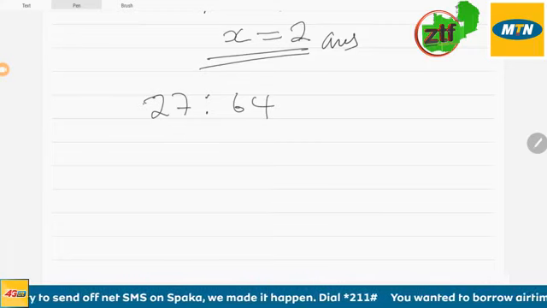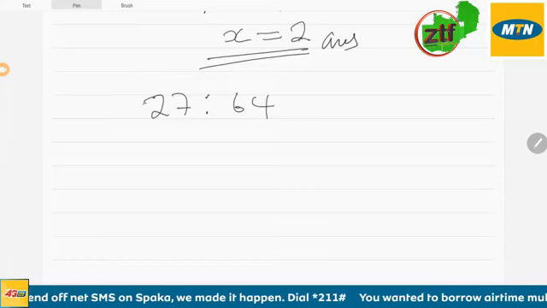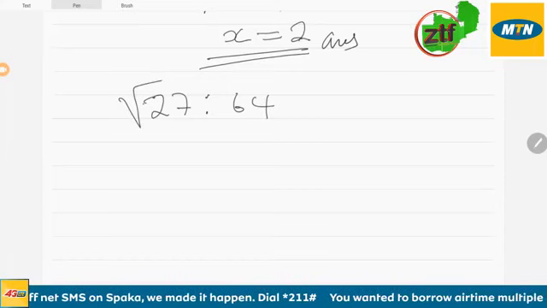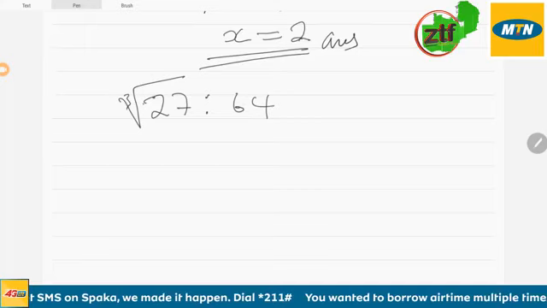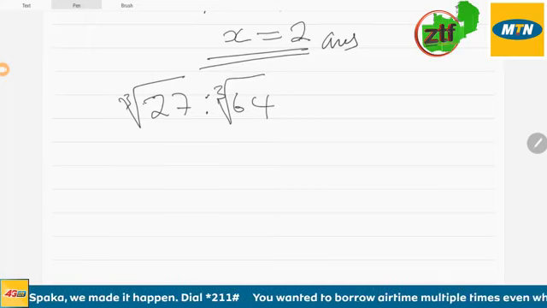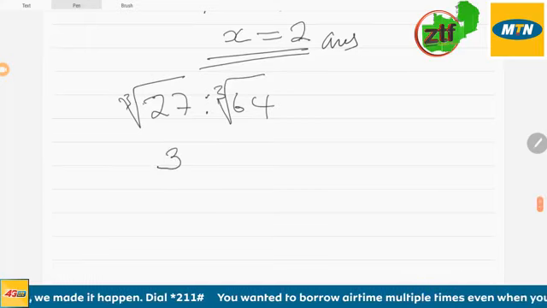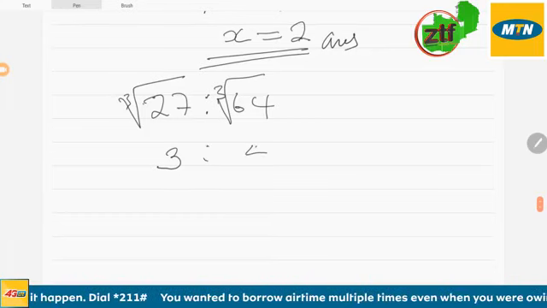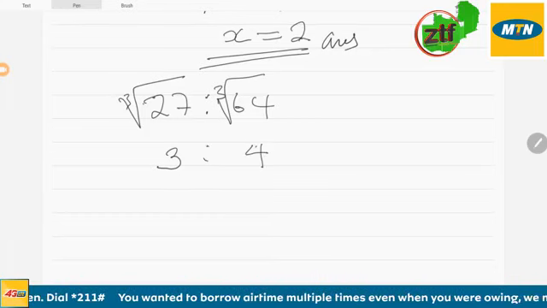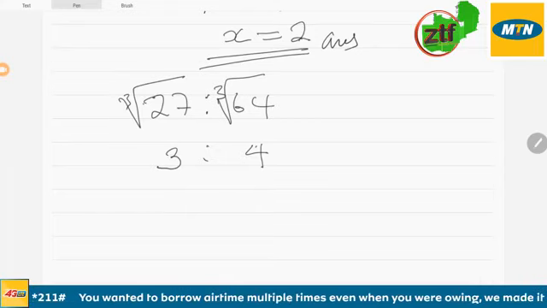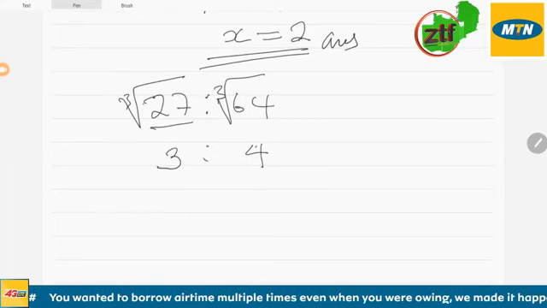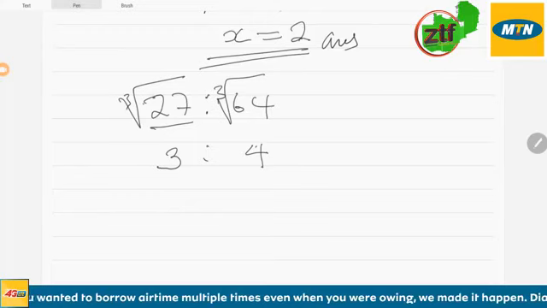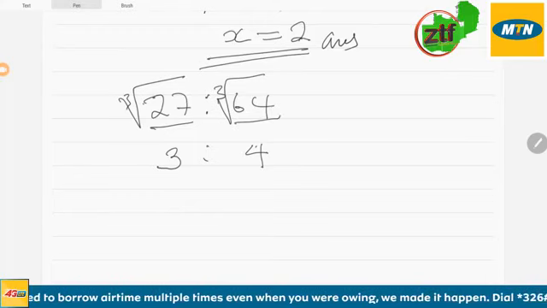And so to find the ratio of their lengths, we are going to introduce the cube root to both sides. The cube root of 27 is 3, and the cube root of 64 is 4. Meaning, when we multiply 3 by itself 3 times, we'll get 27, and 4 by itself 3 times, we'll get 64.